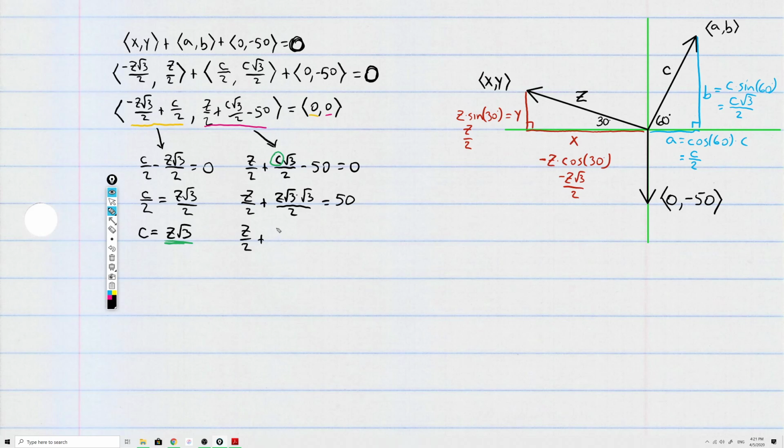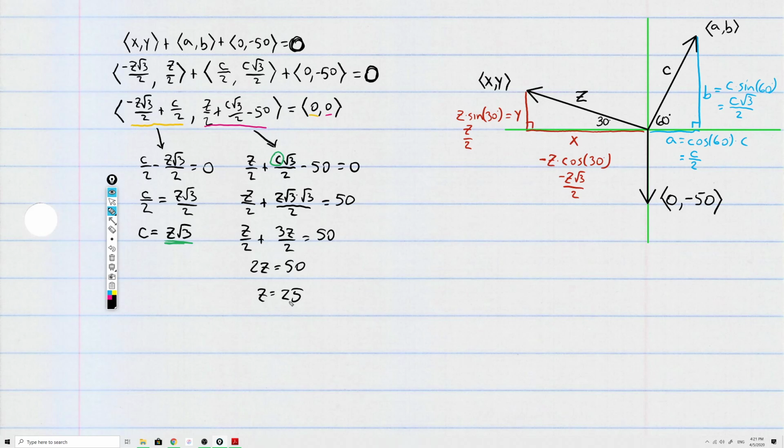So we have z over 2 plus 3z over 2 is 50. And z over 2 plus 3z over 2 is 4z over 2, and 4z over 2 is 2z equals 50. So z is 25. What that means is you have 25 pounds of force in this wire on the left-hand side.